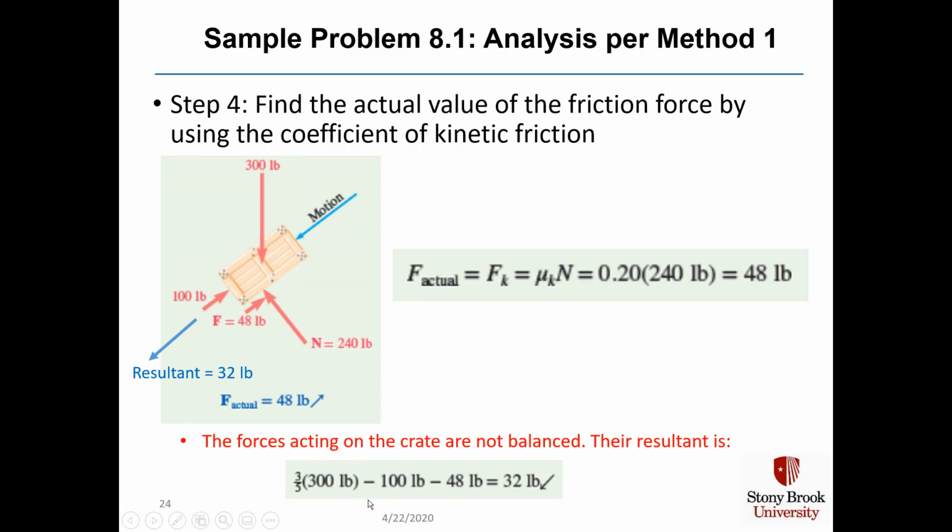It's opposed by a 100-pound force, maybe someone pushing on the crate, acting up. And it's also opposed by a 48-pound force of friction. And when we subtract the 100 and the 48-pound force from 3/5 of 300, we find that the net force that's going to push the crate down the incline is 32 pounds.